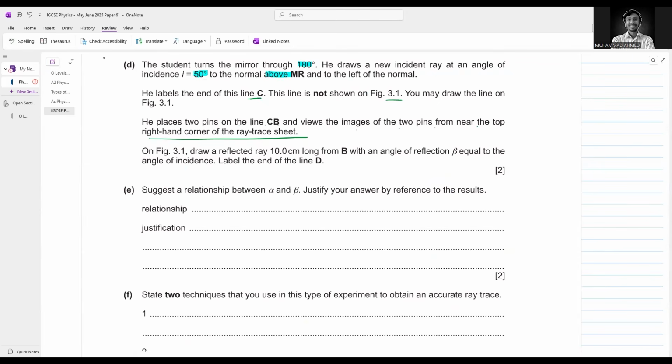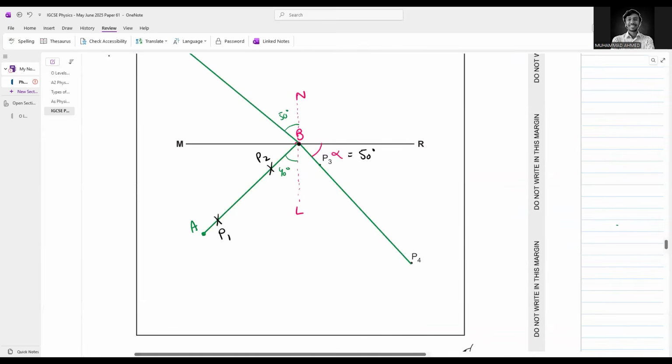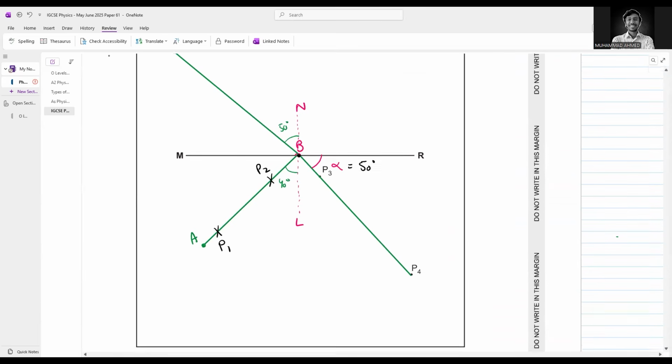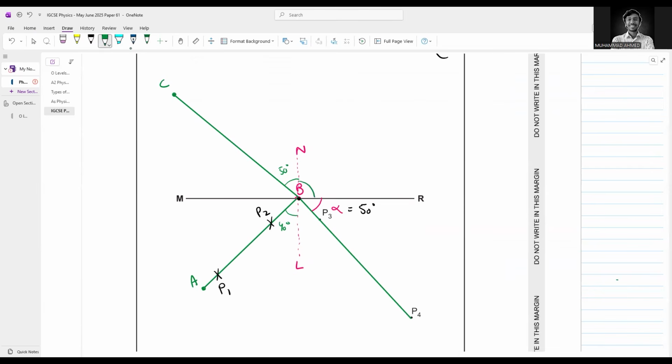On figure 3.1, draw a reflected ray 10 centimeter long from B with an angle of reflection beta equal to the angle of incidence. Label the end of line D. Basically simple है. If your angle of incidence is 50 degree, आपका angle of reflection भी क्या हो जाएगा?